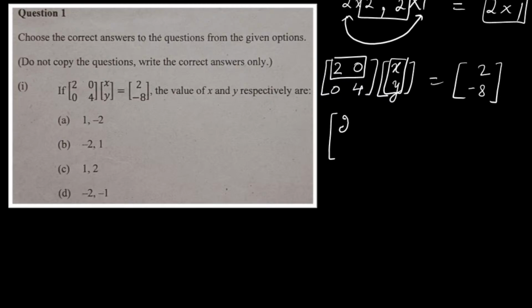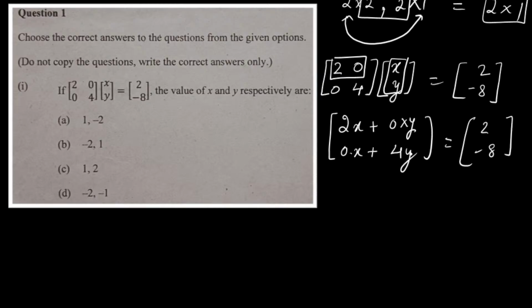So 2 into x is 2x plus 0 into y is 0y. One row and one column will give us only one element. 0 into x is 0x plus 4 into y is 4y. This is equal to 2 and minus 8. So 2x plus 0y is 2x, and 0x plus 4y is 4y.